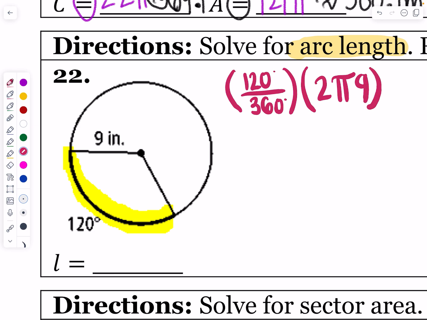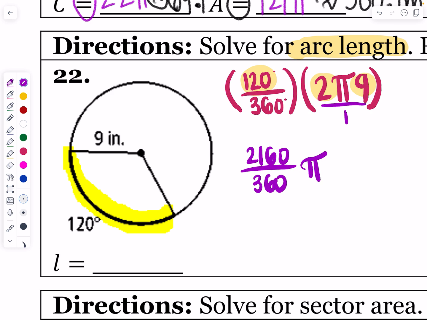And so remember, when you type this in your calculator to leave it in terms of pi, we type in all of the numbers in the numerator times each other, and we leave the pi out. So you're going to type in 120 times 2 times 9. That is going to give me 2160 over 360 pi.